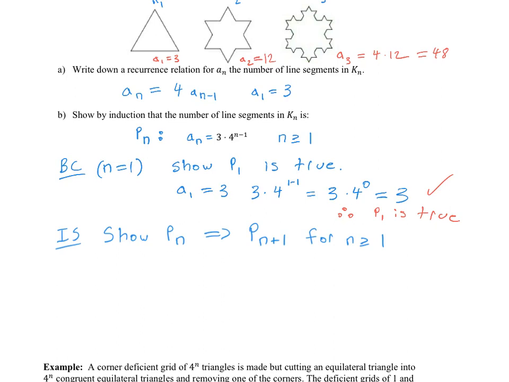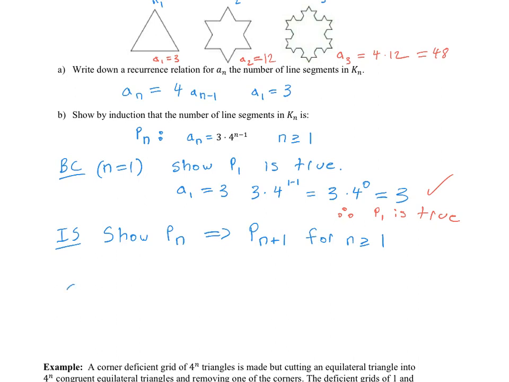We need to make sure that when we replace n with n plus 1 in the expressions from above, the left-hand side is in fact the same as the right-hand side. And we get to use p sub n to help us out because it's an implication that we're showing. We're not showing that p sub n is true directly. We're showing that when p sub n is true, p sub n plus 1 is also true.